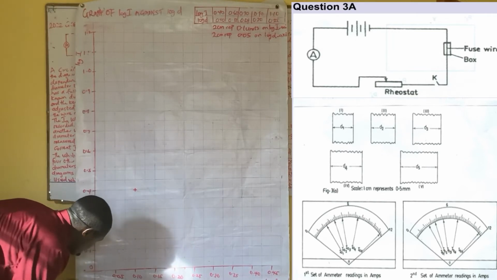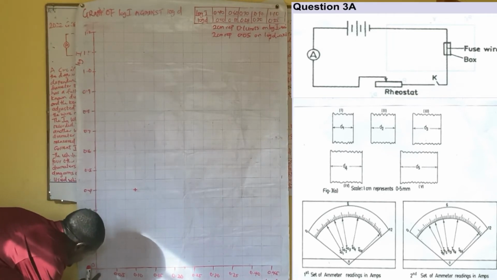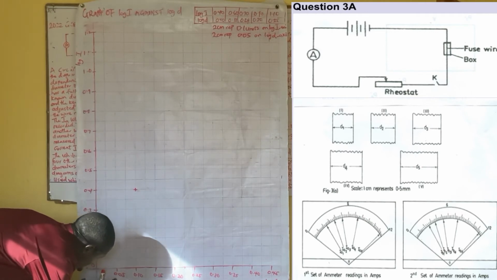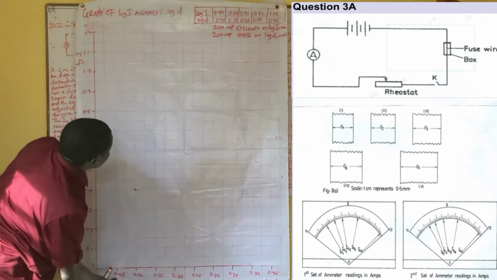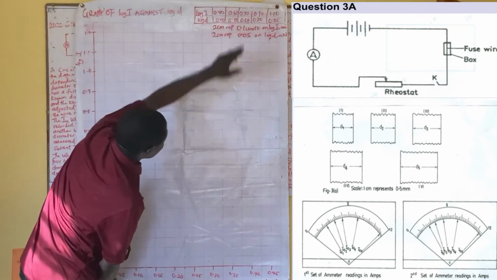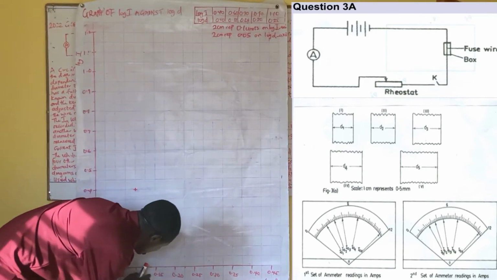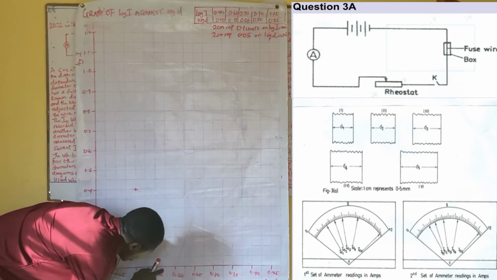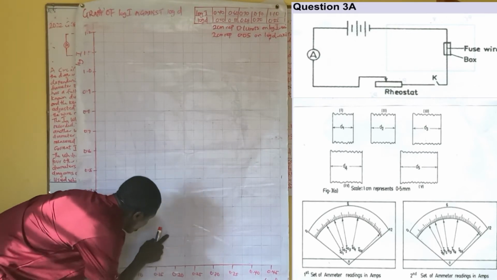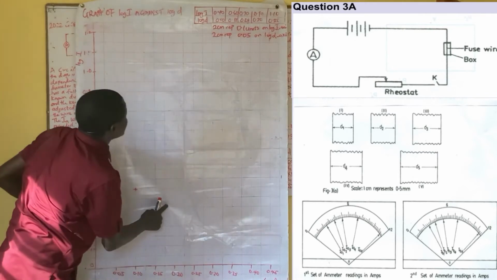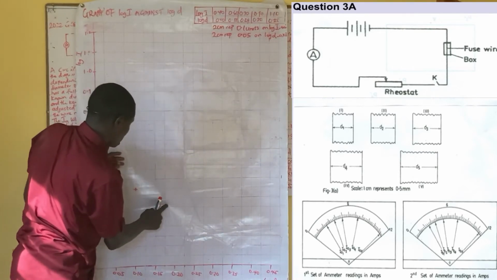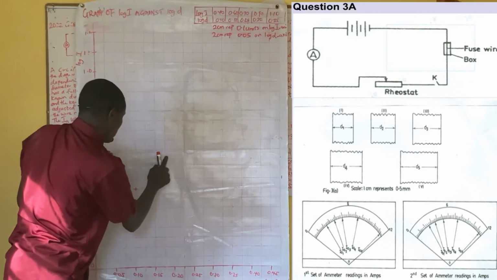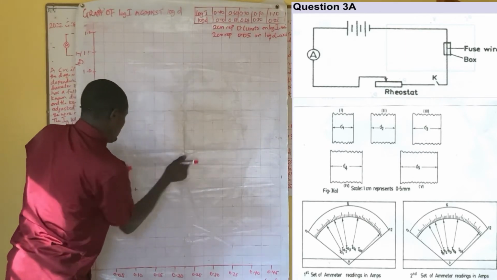Now look at this: 0.01, 0.02, 0.03, 0.04, 0.05. Now if I want to count 0.18, this one is 1, this one is 15, 16, 17, 18. So 18 against 0.6. This point is our point.